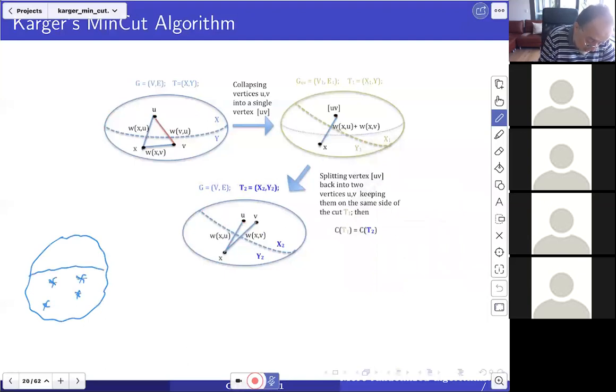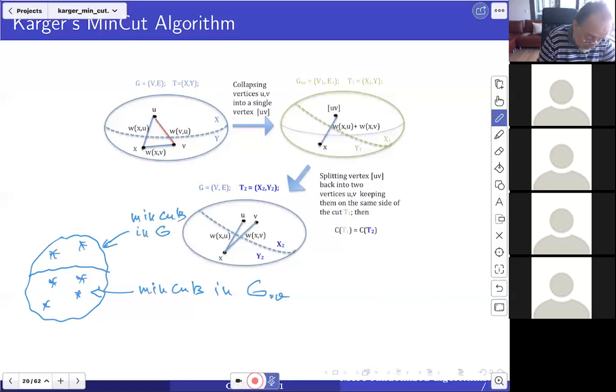And we know that all the capacities of cuts in G_UV are just a subset of all capacities of cuts in G, right?